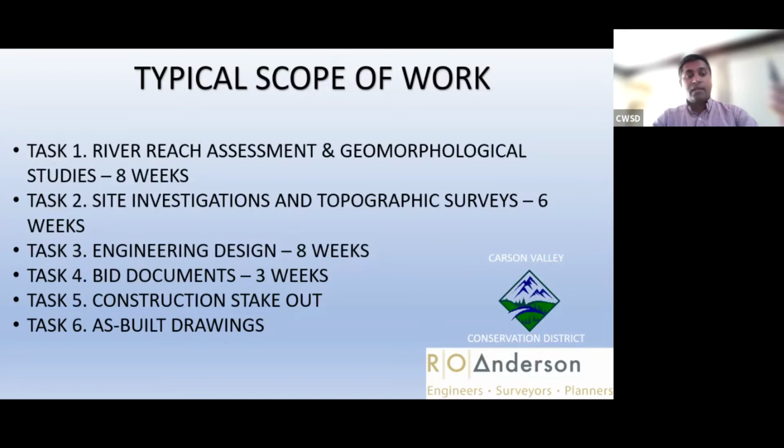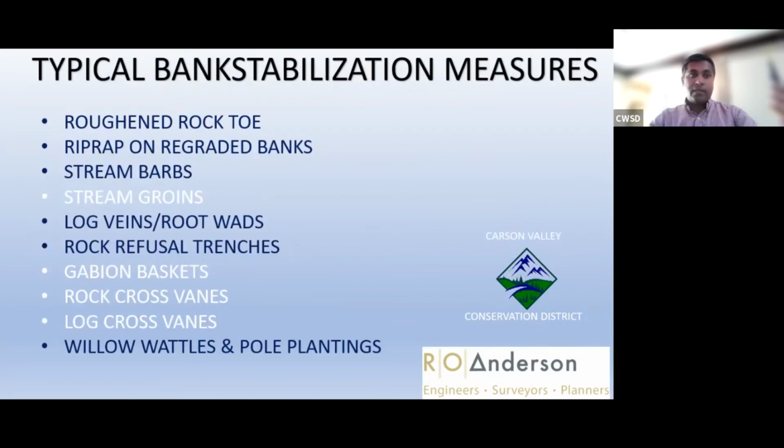And once done, we did punch lists for the sites and prepared as-built drawings that the client is required to submit to NDEP to close the projects, basically.